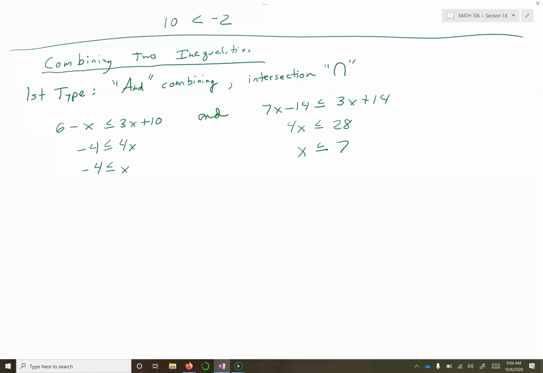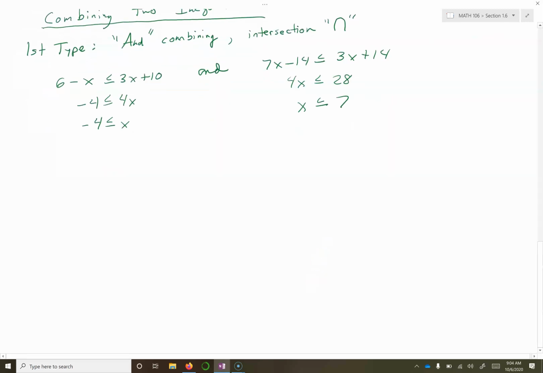So what we want to do next is make some number lines. So let's start with, oh, this isn't 4. Sorry, this is a 1. I don't know if anyone noticed that mistake. Let's start with that first solution of negative 1 is less than or equal to x. So that means x is greater than or equal to negative 1. Let's put it on a number line.